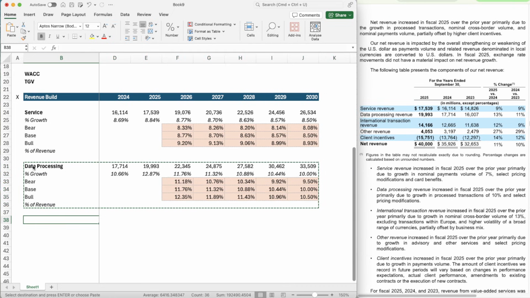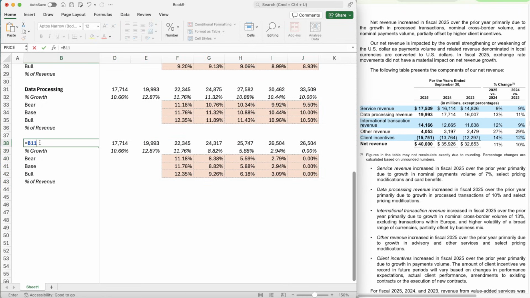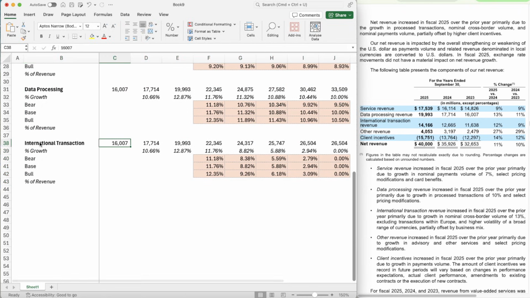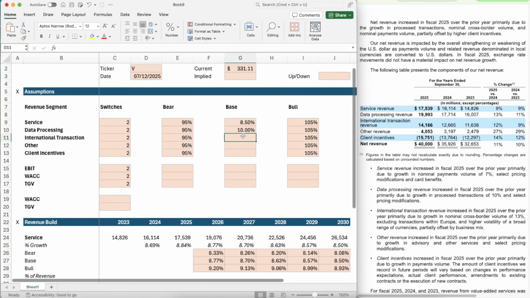Copy paste again. And we're on B11. Transaction. It's 11638, 12665, 14166. We'll estimate a growth rate of, let's go with 8.8%.